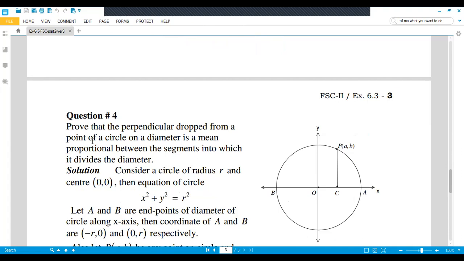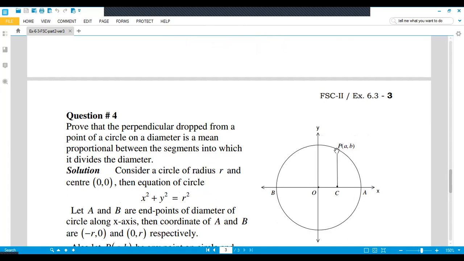Now question number 4 is: prove that the perpendicular dropped from a point of a circle on a diameter is a mean proportional between the segments into which it divides the diameter. What does it mean? Look, this is the circle at the origin and the perpendicular is dropped from this point.